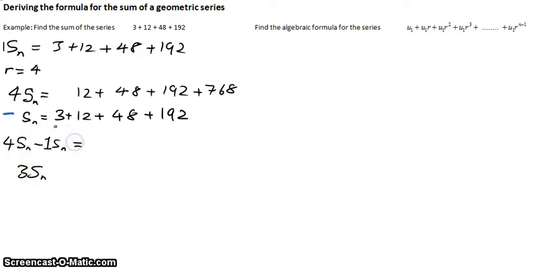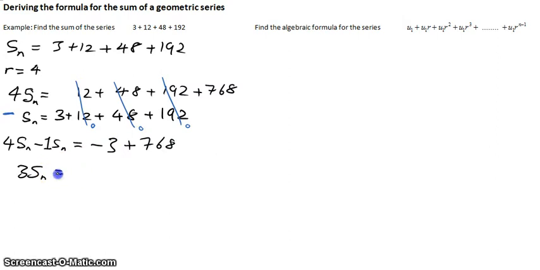Okay. Now, coming back up here, there's nothing here above the 3. So 0 take away 3 is negative 3. And then watch what happens. 12 take away 12, 0. 48 take away 48, 0. 192 take away 192, 0. 768 take away, oh, well, there's nothing there. So it'd be just 768.